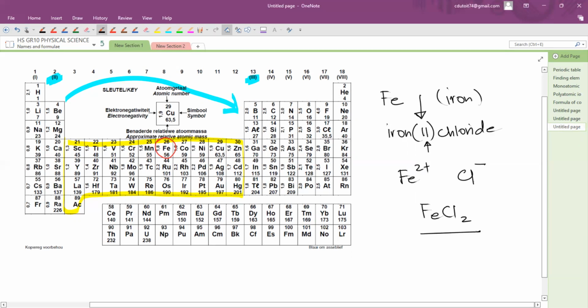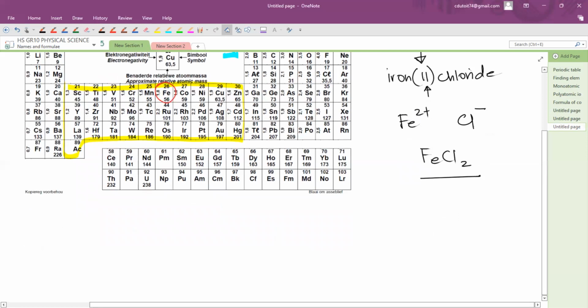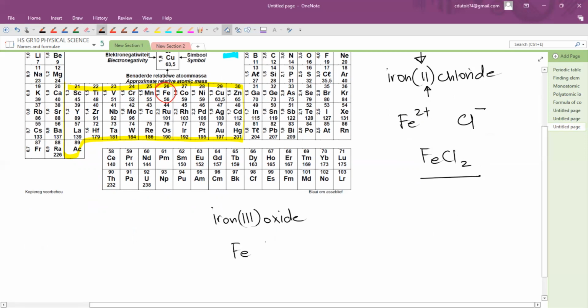Okay? Good. So if I give you, let's say, iron 3 oxide, what would that formula look like? Anyone? Let's get the ions first.